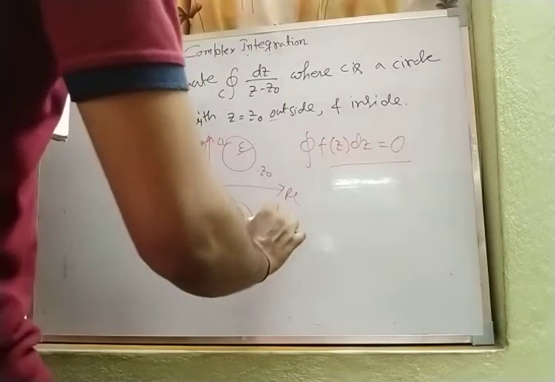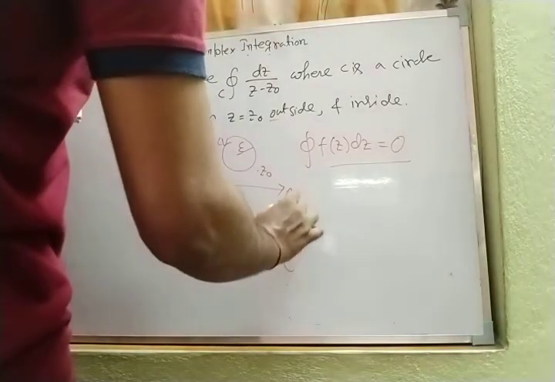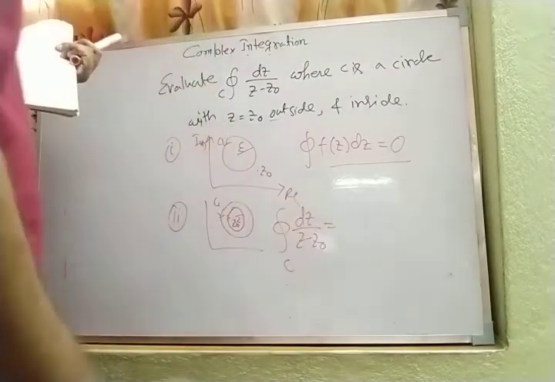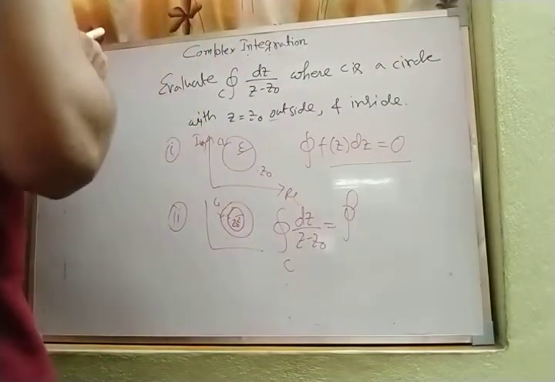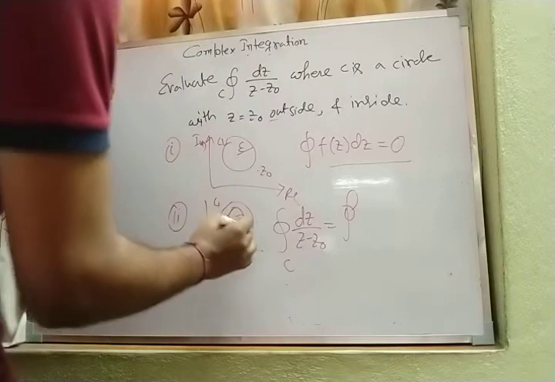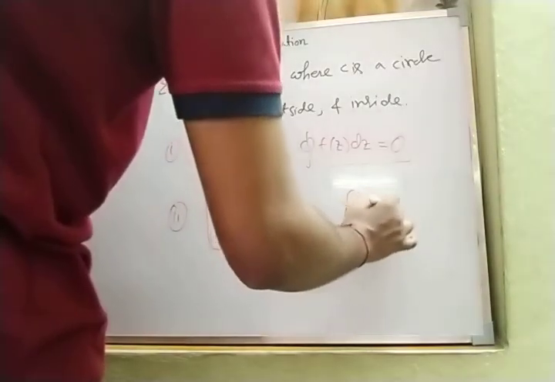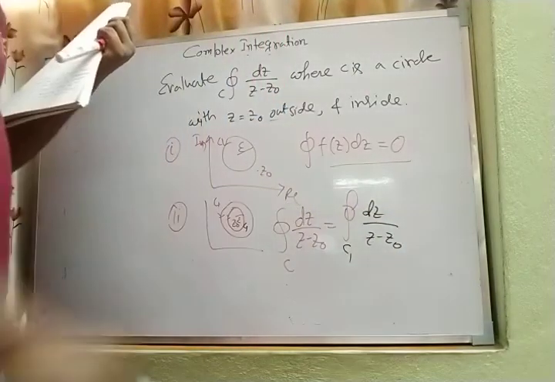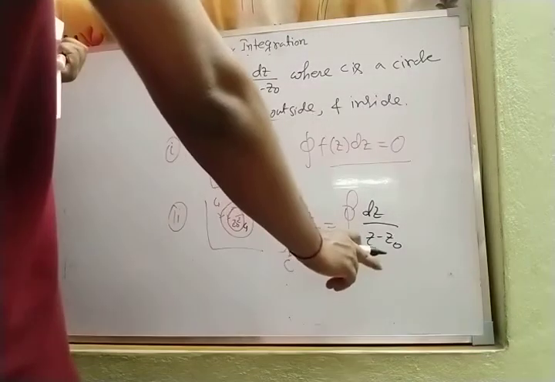Now in this case, the integration should be calculated as integration dz by z minus z naught, that is equal to integration over the curve C1 of dz by z minus z naught. This can be easily done by the Cauchy's integral theorem consequence number 2. Okay, so no doubt is there.